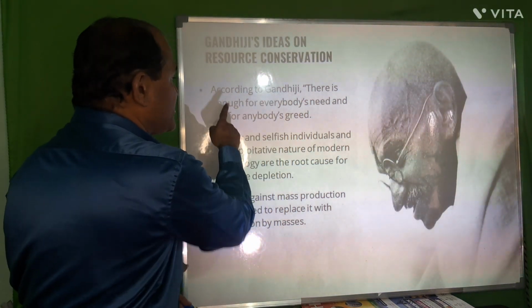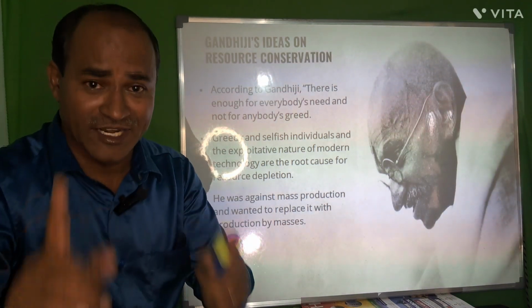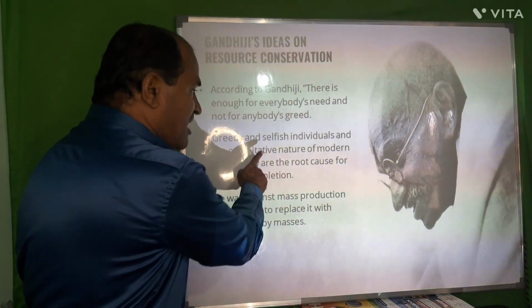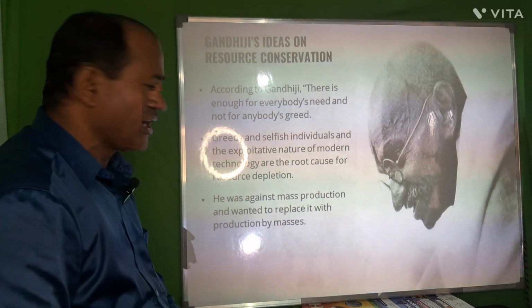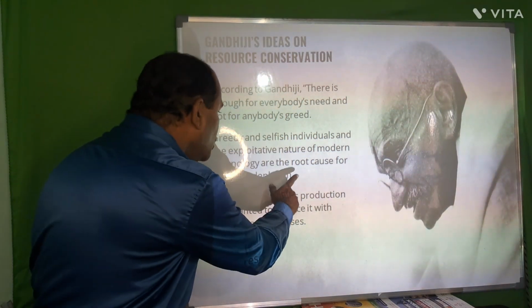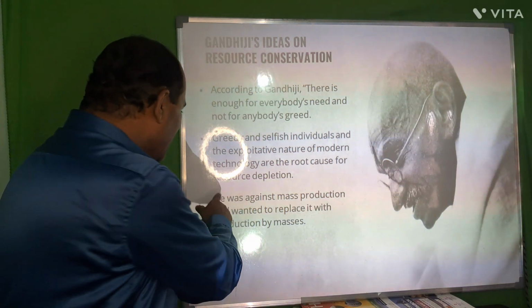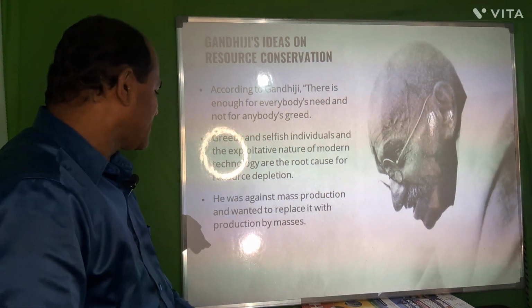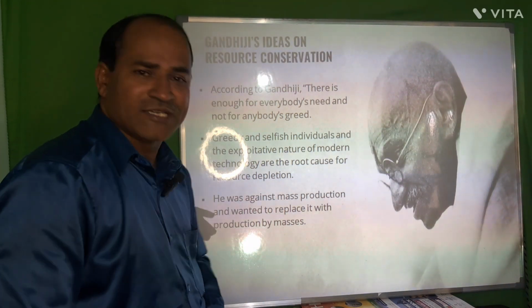According to Gandhiji, greedy and selfish individuals and the exploitative nature of modern technology are the root cause for resource depletion. He was against mass production and wanted to replace it with production by masses.